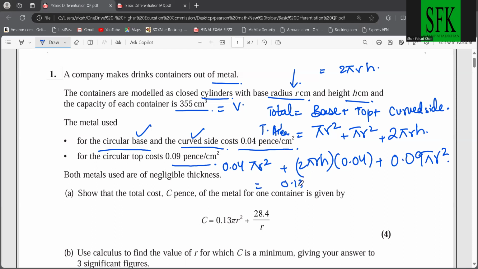Adding them together, we get 0.13 pi r squared, added to 0.04 multiplied by 2 pi r h, which is 0.08 pi r h.